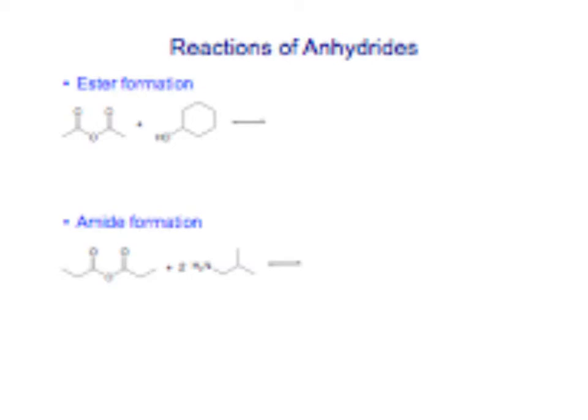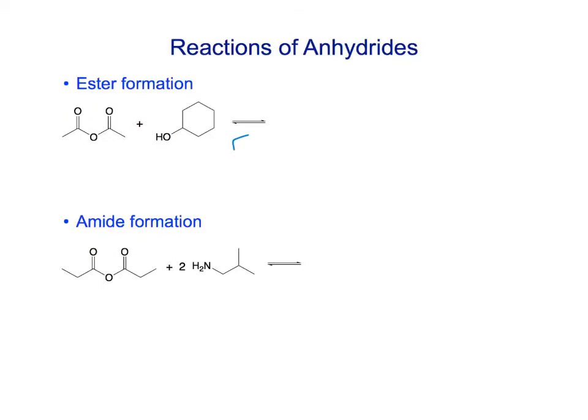All right, so let's just draw these products out. We don't need to draw all of the mechanisms because they're just following the same pathways. And we have some pyridine in here, and we're going to add an alcohol to an acid anhydride, and we are going to get an ester. Okay.